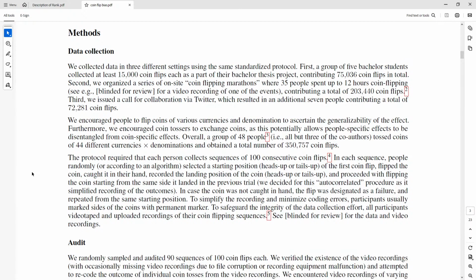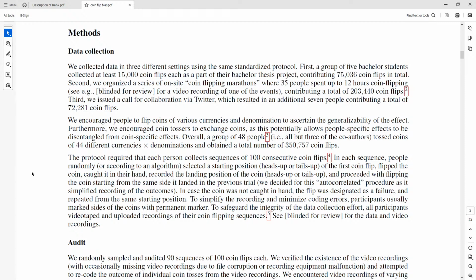But check this out, it's just funny. We collected data in 3 different settings using the same standardized protocol. First, a group of 5 bachelor students, like you guys, collected at least 15,000 coin flips each as part of their bachelor's thesis project. I don't know, that's the part that I find the most funny. Whoever wrote this paper, they're like, okay, you 5, you flip your coin 15,000 times.